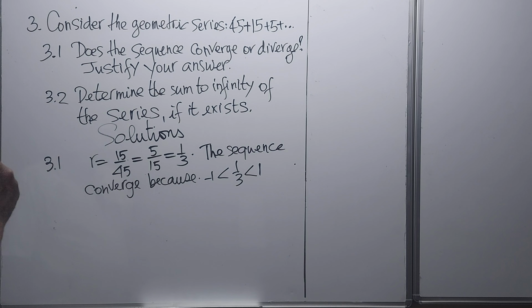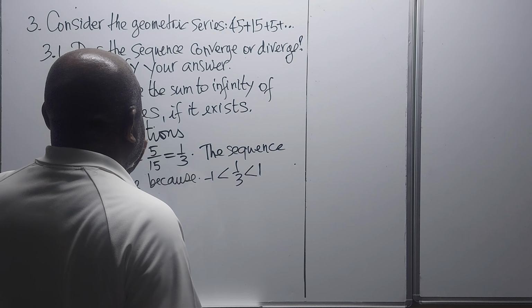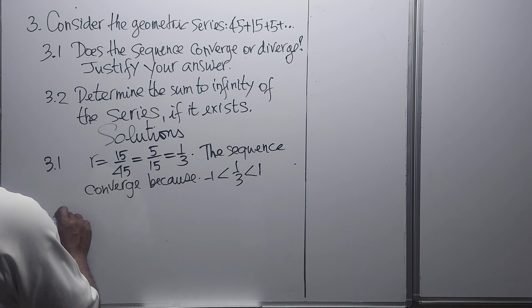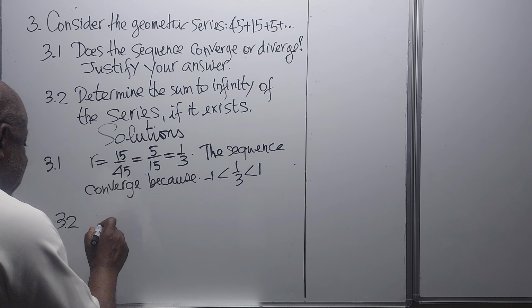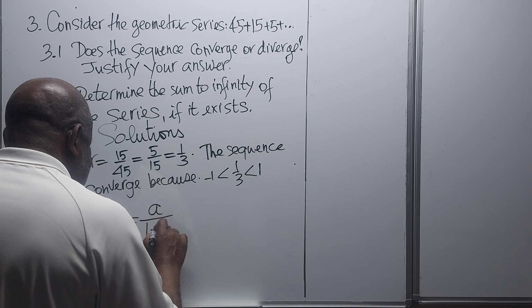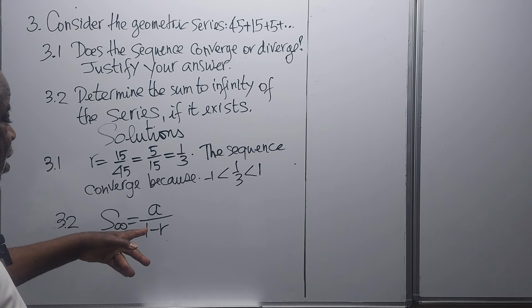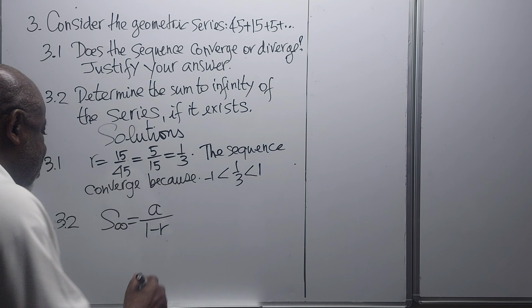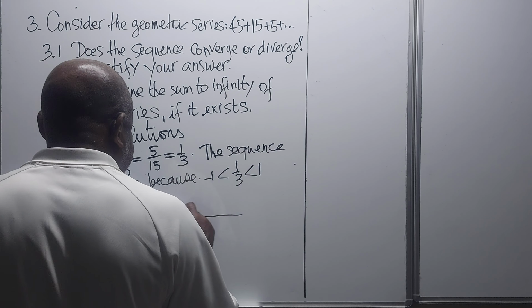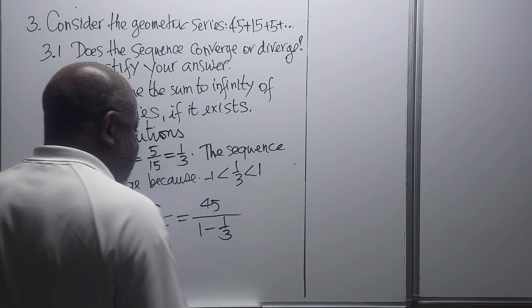Now we're going to take question 3.2. Determine the sum to infinity of the series, if it exists. So 3.2, sum to infinity, the formula is A over 1 minus R. So our A is 45. Our common ratio is 1/3. So our sum to infinity will be equal to first term 45 over 1 minus 1/3.